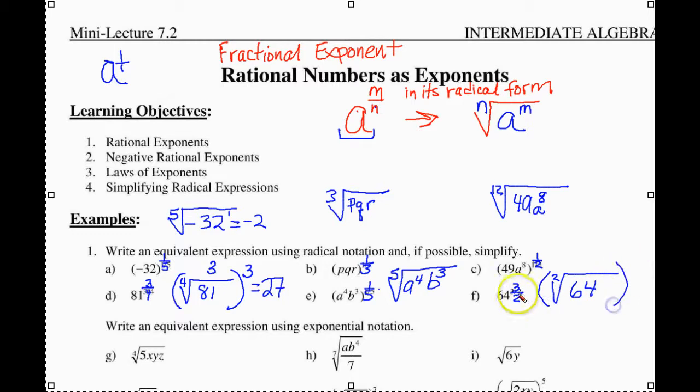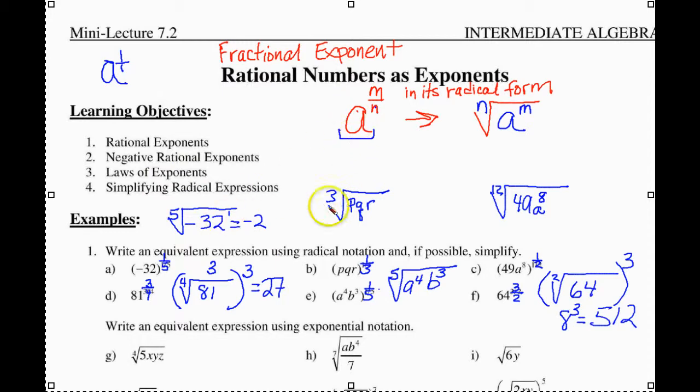And we're going to raise that to the 3rd power. Remember, this is the preferred place to put it. We could have put it there, but it makes it easier to work when it's out there. So the square root of 64 is 8. 8 to the 3rd is 512. And that would be this.